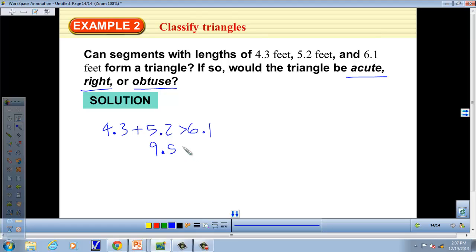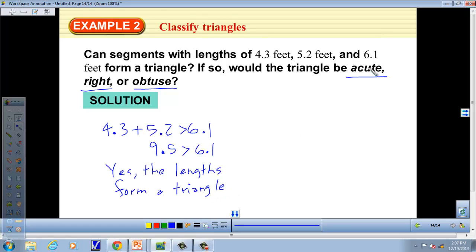We can see that that is bigger than 6.1. So yes, we can say the lengths form a triangle. If it didn't form a triangle, we'd be done with this problem. But it does form a triangle.